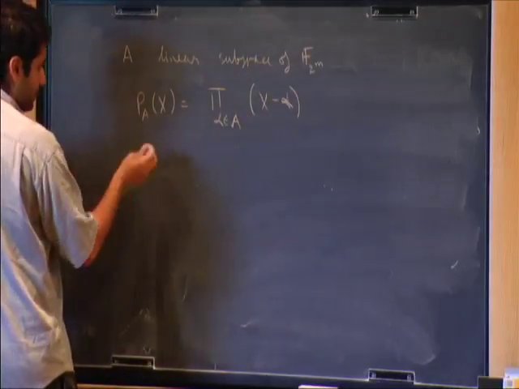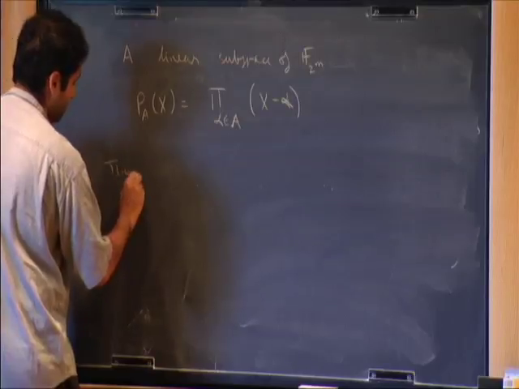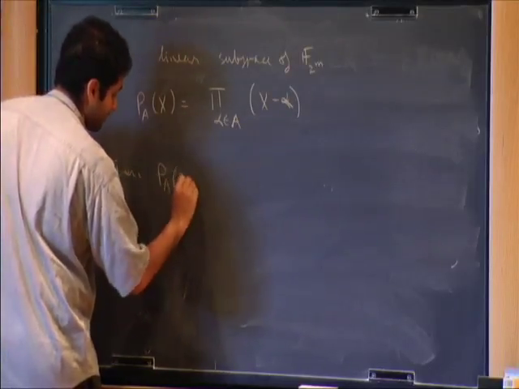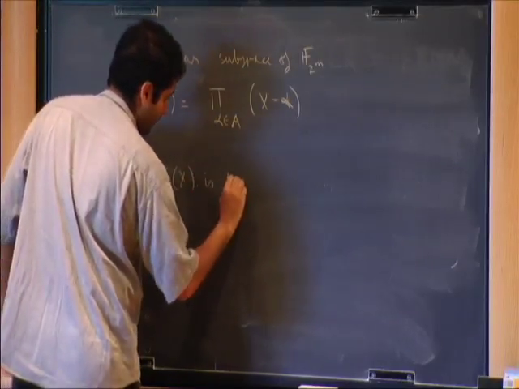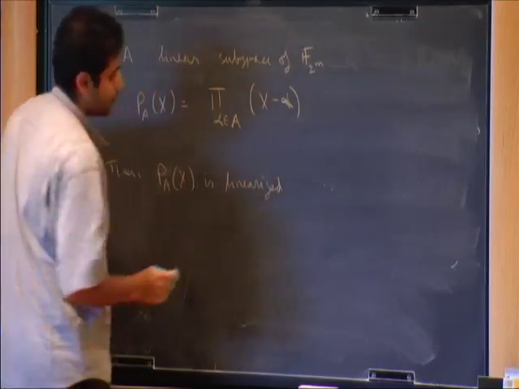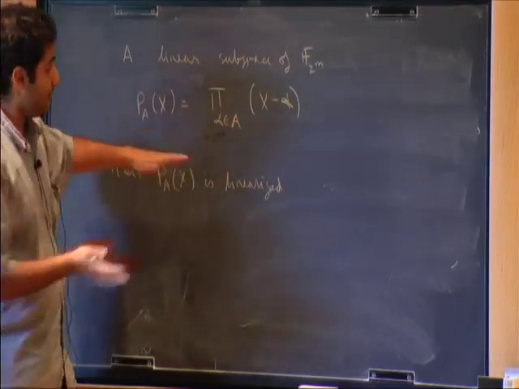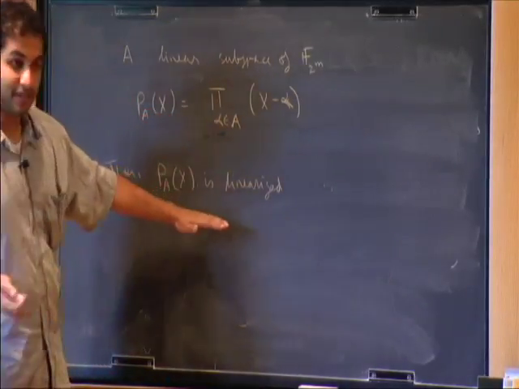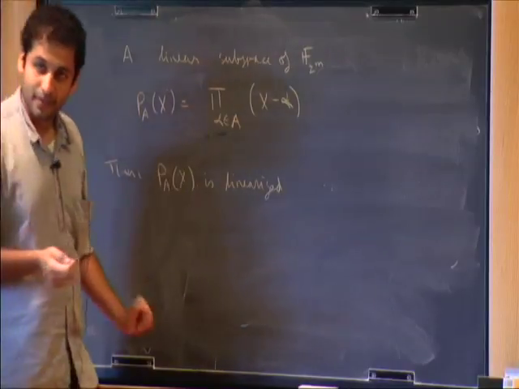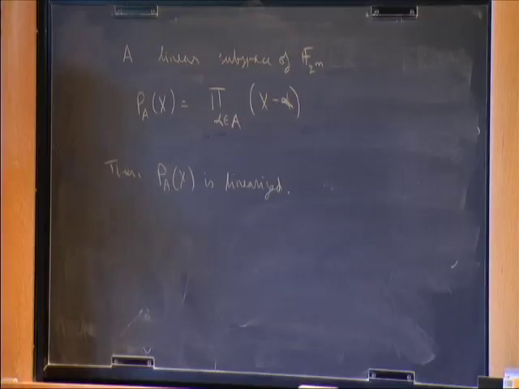Then the claim is P_A of x is linearized. This is the smallest degree polynomial that vanishes on A. When you multiply this out, the claim is that you will get a linearized polynomial. Let me try to show this quickly.